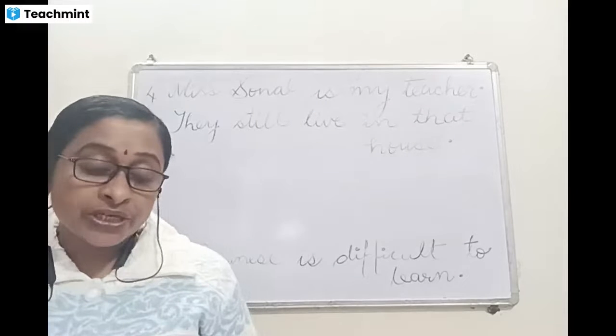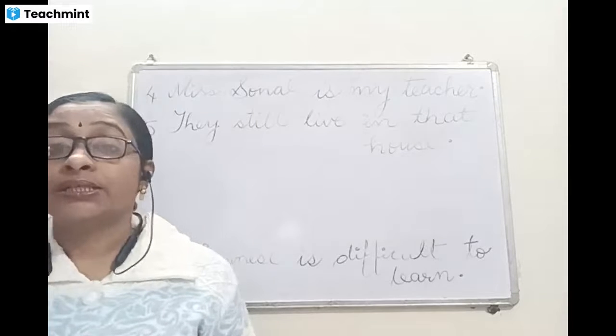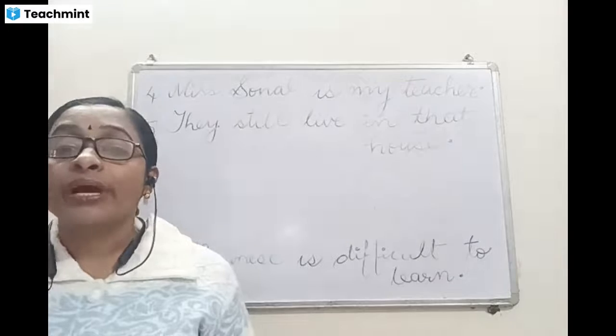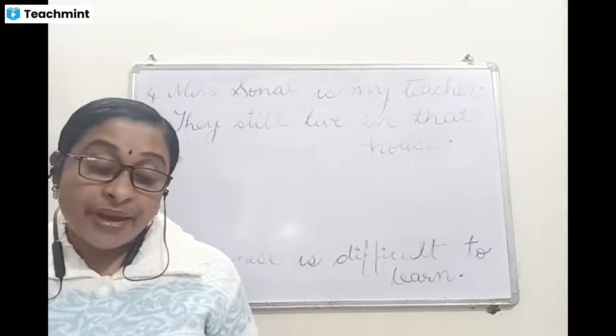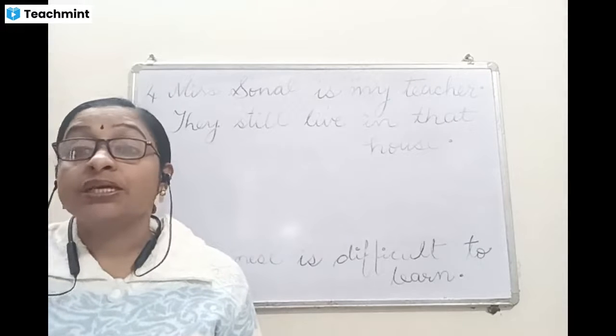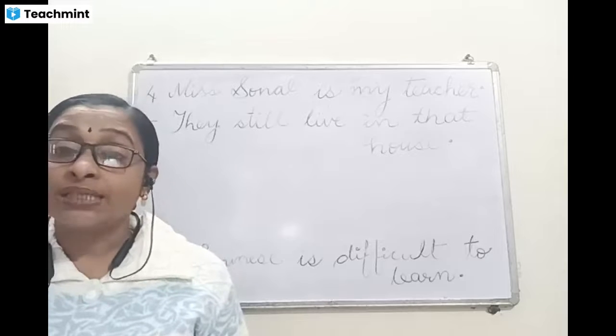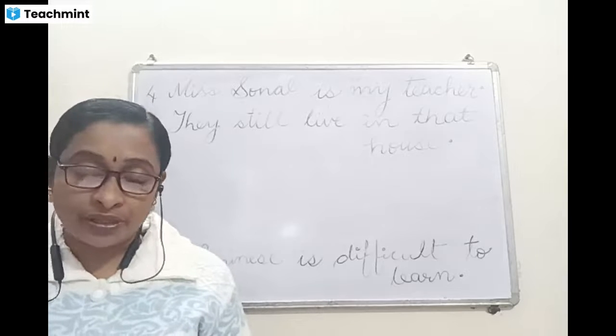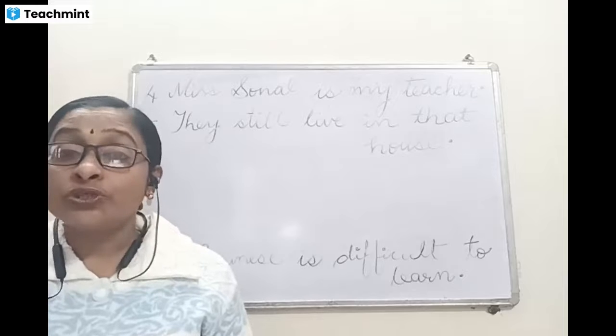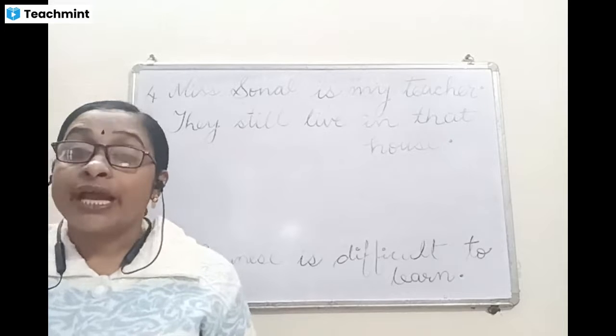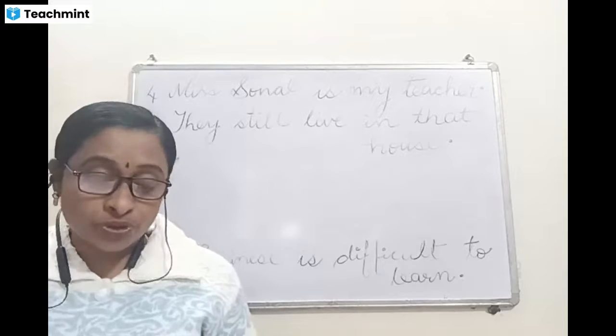What is the meaning of it? Rewrite the following sentences. In this also, you have to write the sentence again. By putting capital letters, here also, first letter, you have to put capital. Then commas, you have to put a comma in between. And then full stops. In this also, at the end of the sentence, you have to put the full stop.